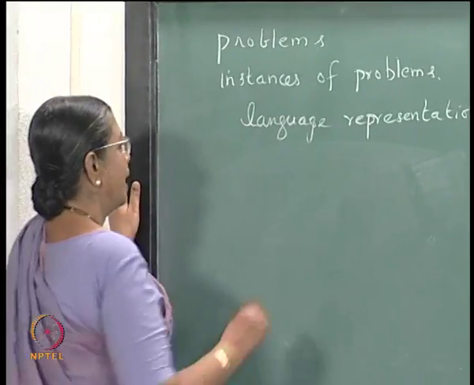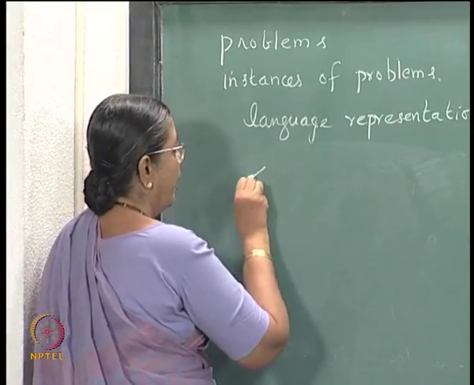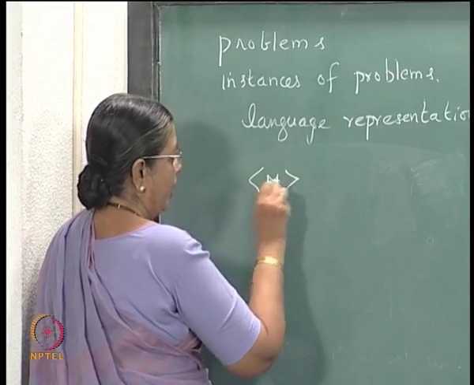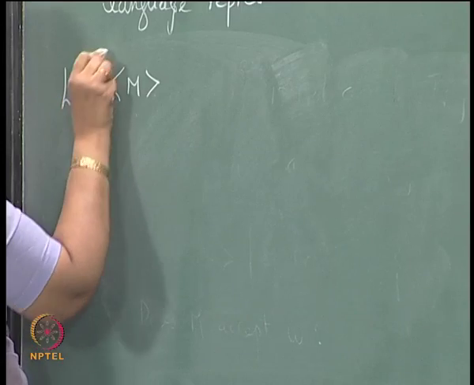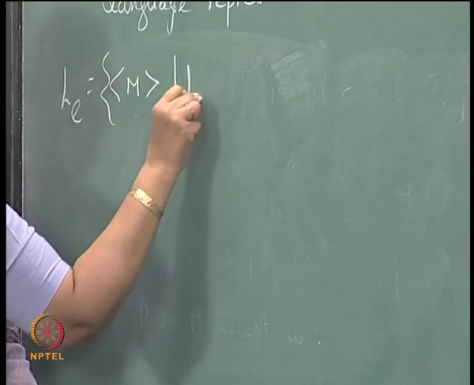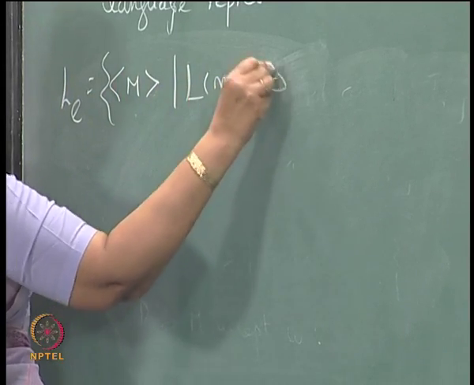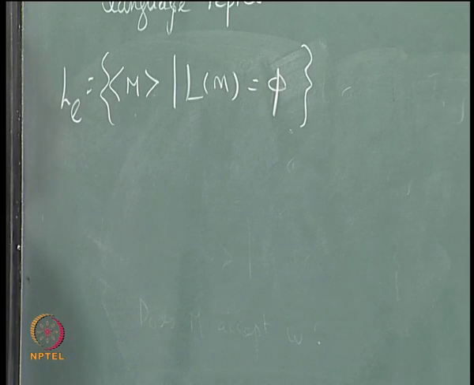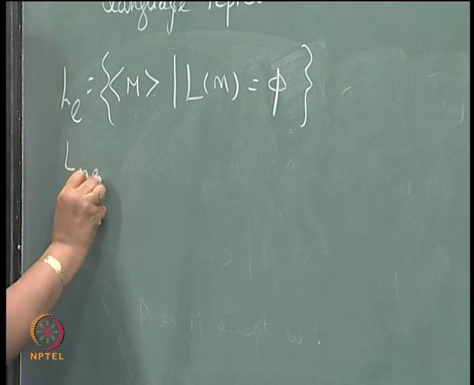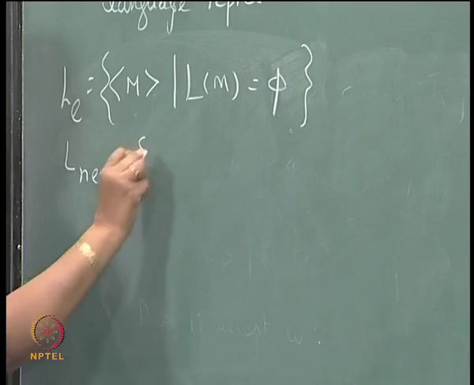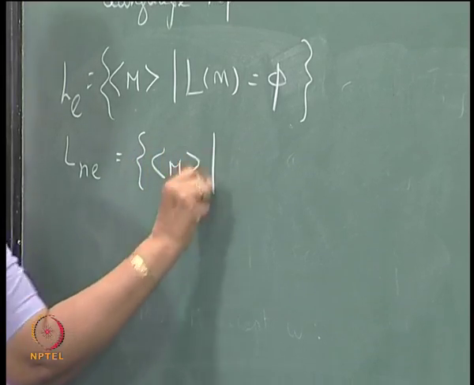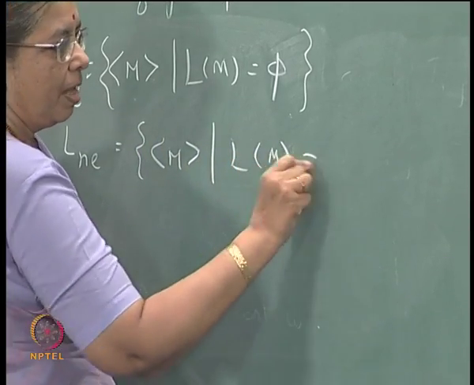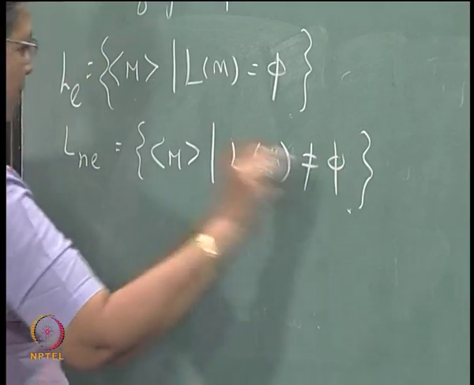Certain things like, say, given M is an encoding of a Turing machine: LE is M such that L of M is equal to the empty set. Does the language generate the empty set? L non-empty is L of M not equal to the empty set.